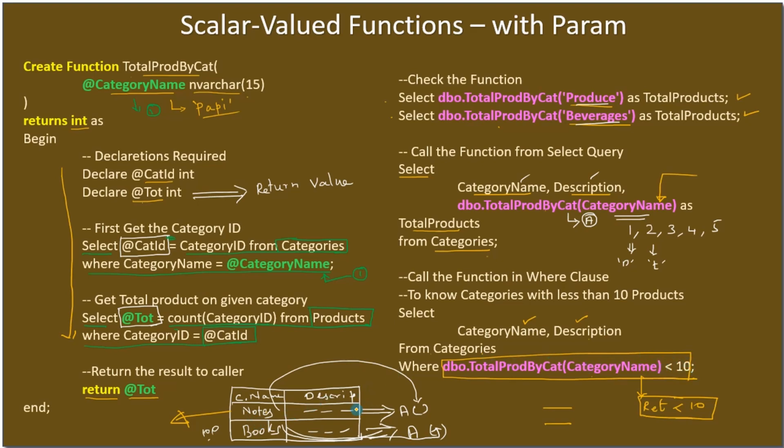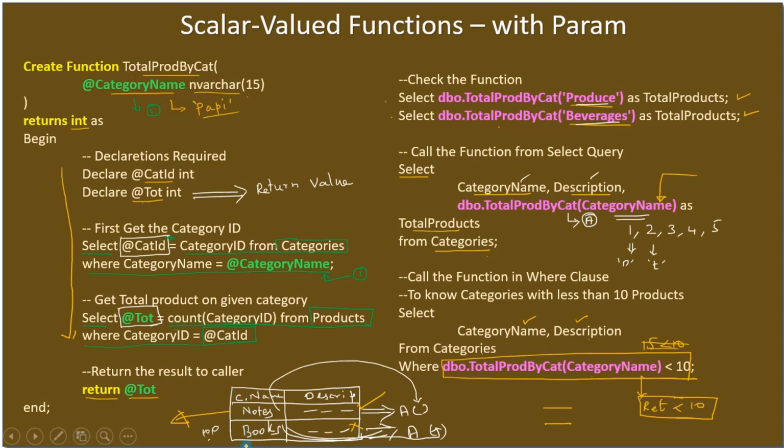If the condition passes, the record will get picked, and if the product count is more than 10, the condition will fail, because the function return value is more than 10. Say for example, if the function return value is 15, less than 10 is false, and the record will not qualify for the display.